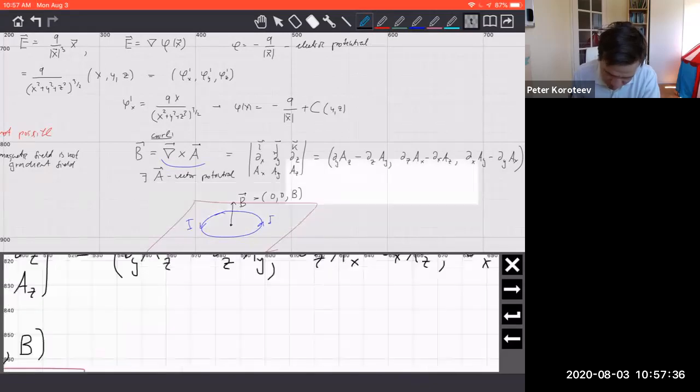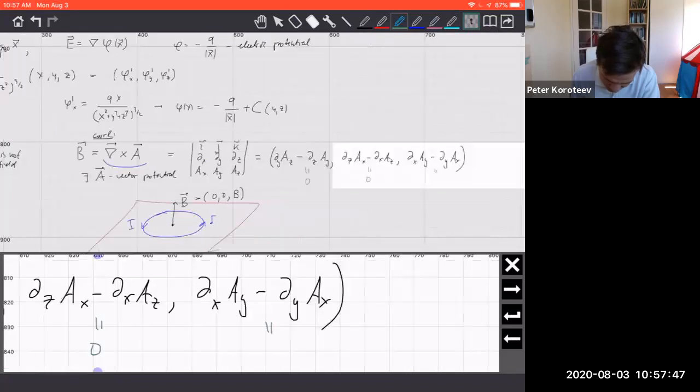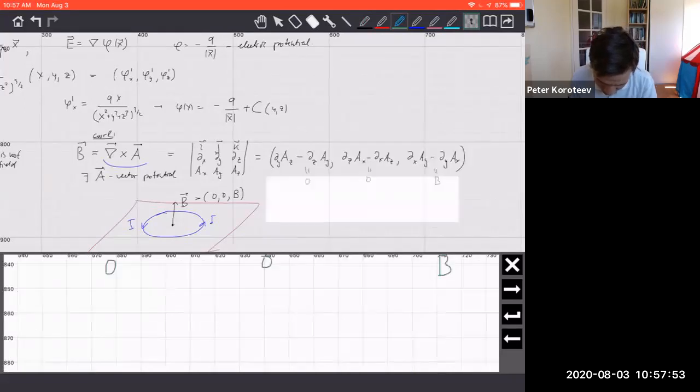So if you want to find the vector potential A such that this happens, then this has to be equal to 0, this has to be equal to 0, and this has to be equal to this constant, right? We can try to find the vector potential A so that this works.